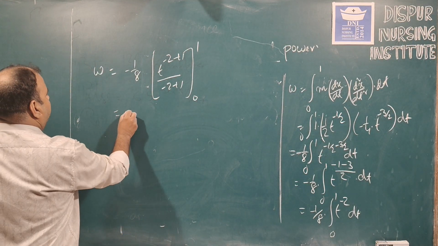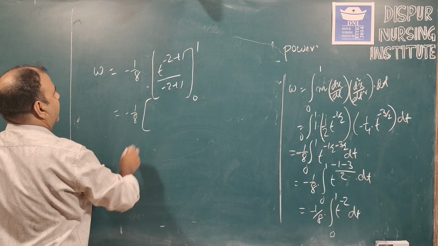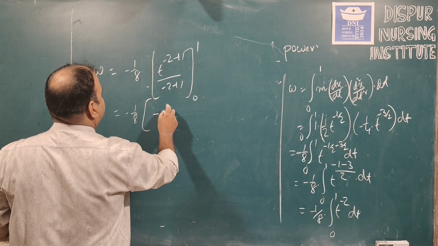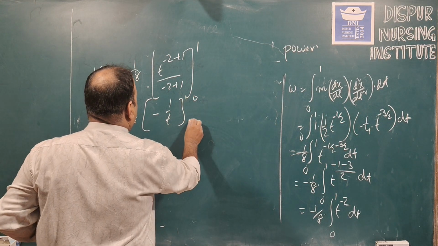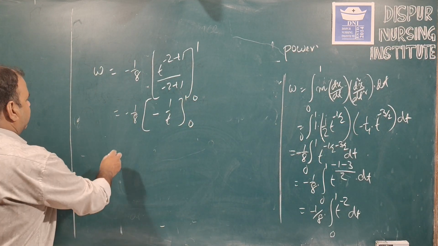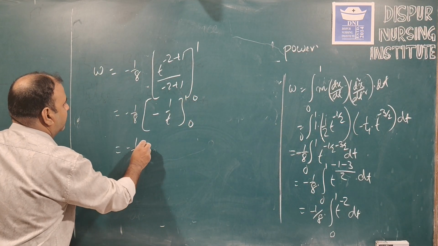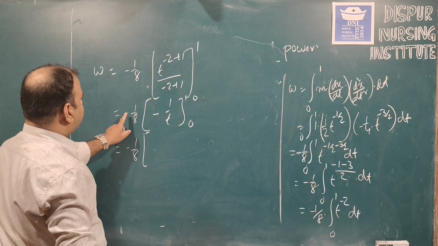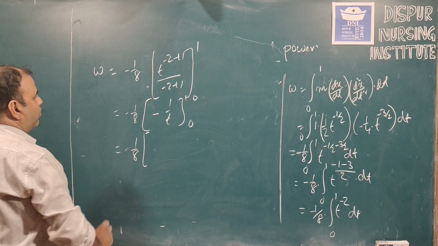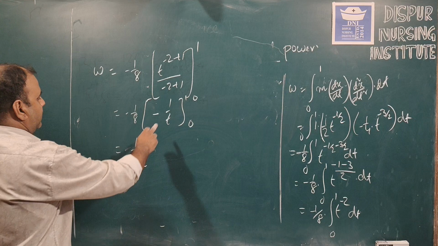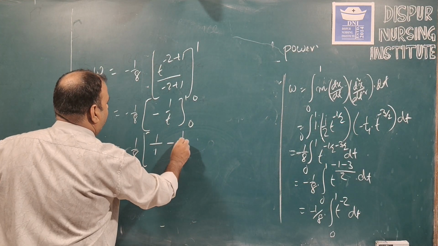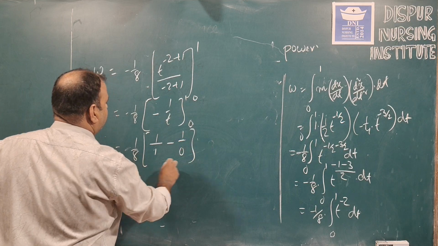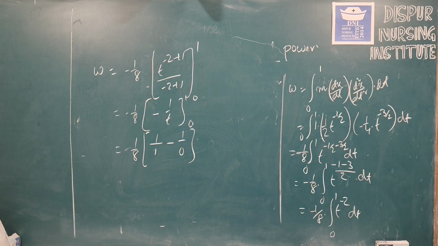So minus 1 by 8, and here we can write minus 1 by t, evaluated from 0 to 1. So minus 1 by 8, and minus minus becomes plus 1 by 8, so here 1 by 1 and here 1 by 0. So you have to put in the upper limit and the lower limit.